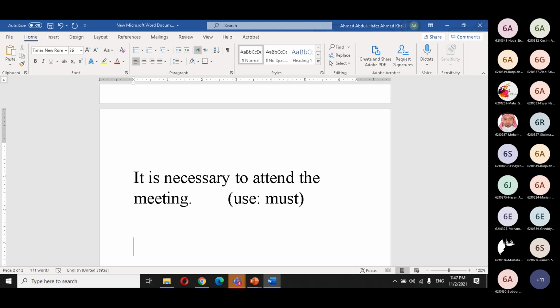Rewrite the sentence using must in the sentence. عايز اعبر عن نفس الجمله دي you must بس attend the meeting. ابغى اعبر عن نفس الجمله دي بس باستخدام must. هي must معناها ايه؟ must معناها it is necessary صح؟ اشيل it is necessary واحط must واكتب الجمله.